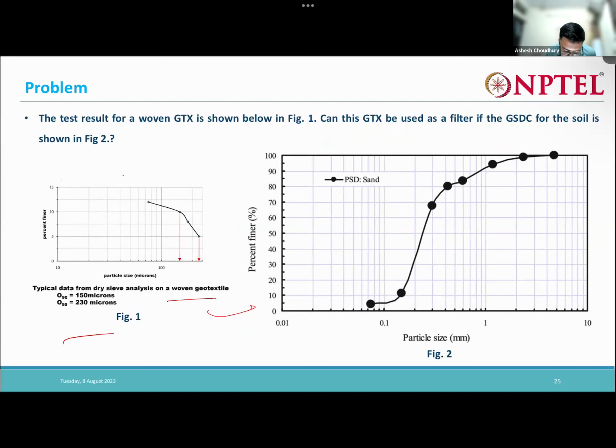D85 means approximately here, this one. So what is this value? I hope you can read the semi-log graph.